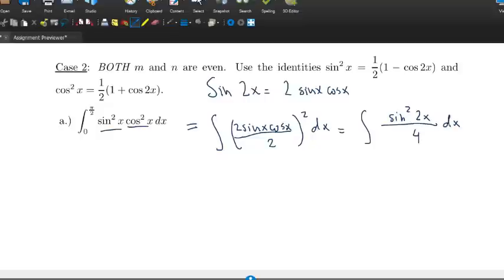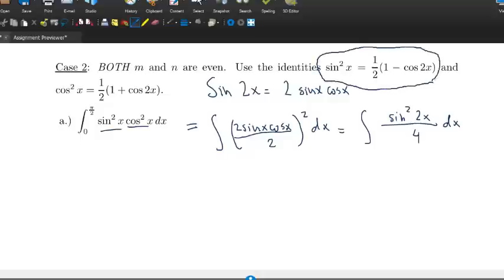Now I got rid of one of the trigonometric functions, namely cosine, and I have only sine. But still I have this square here, right? How can I get rid of this square? Now I will make use of the first formula here. By using this first formula, I can express sine square 2x.